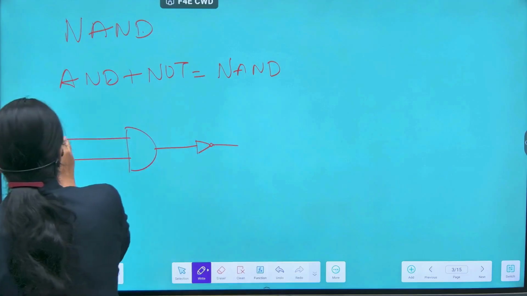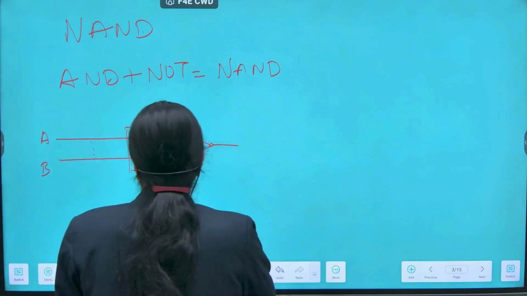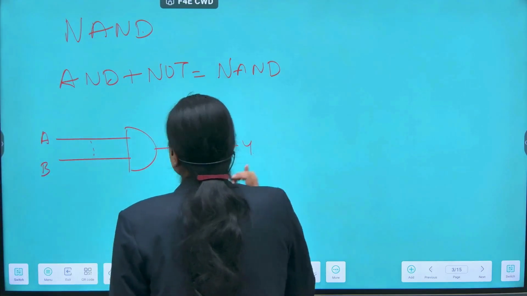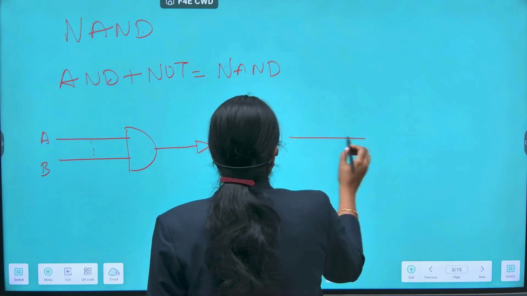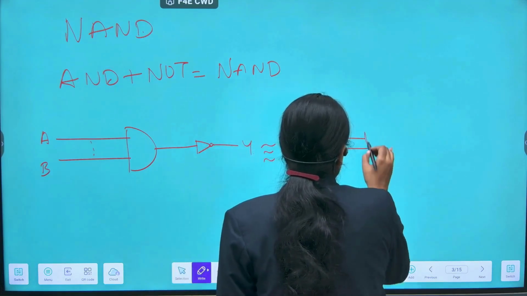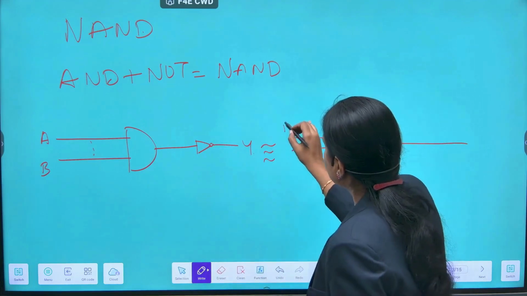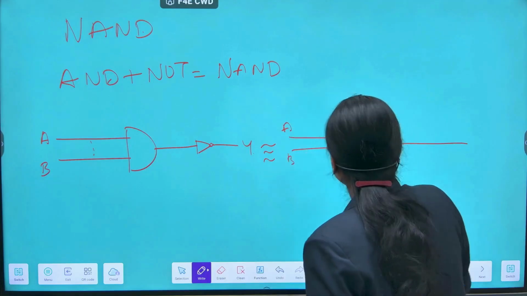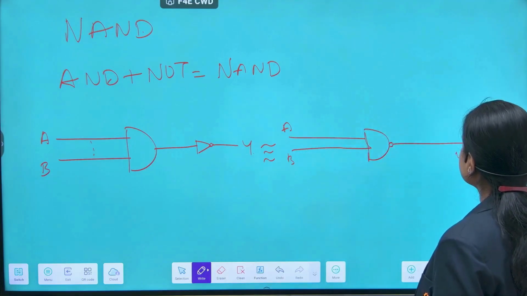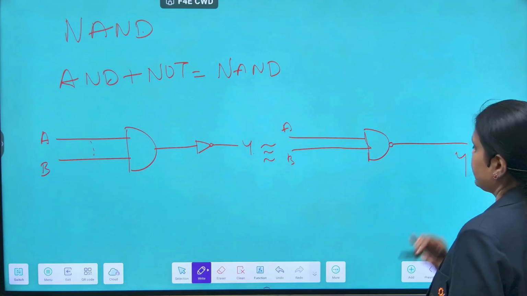Here I will give the inputs A, B. This also can have n number of inputs and only one output. So this can be redrawn in this form. So A, B and Y. Y is nothing but A into B bar.